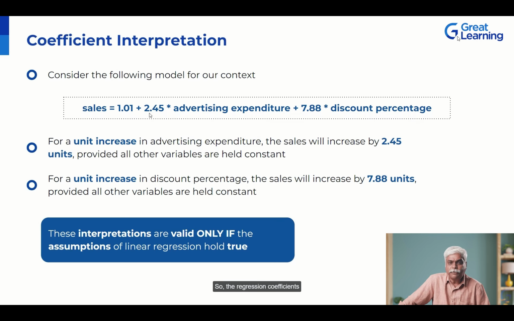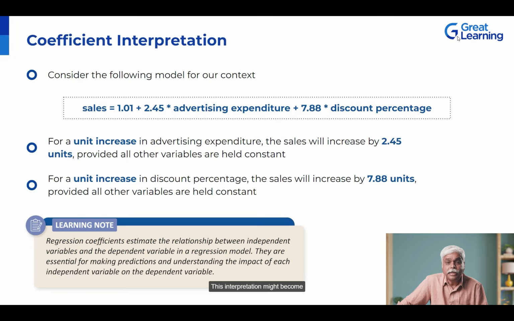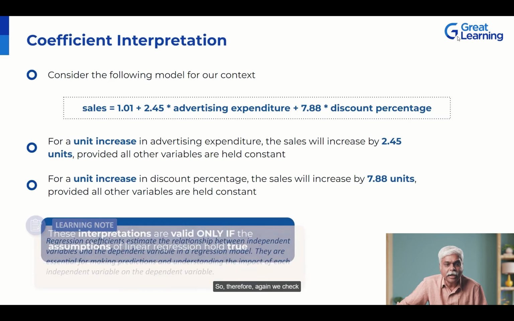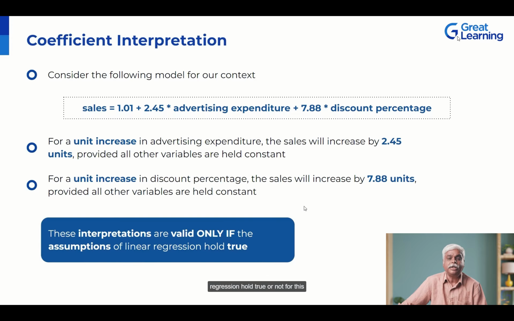So the regression coefficients reflect the effect of that variable, the variable that coefficient is hitting, provided the other variables are not changed. This interpretation might become problematic and may not make sense in many business situations. So therefore, again, we check whether the assumptions of linear regression hold true or not for this to be meaningful.